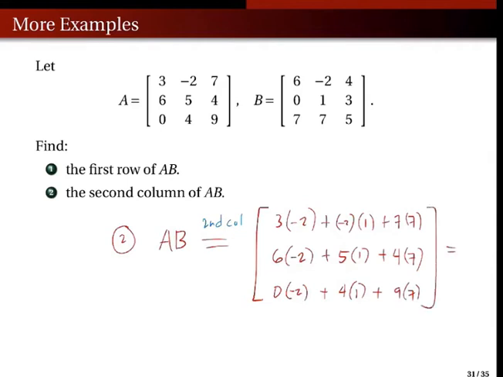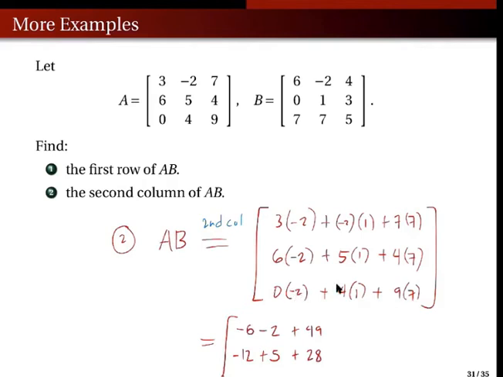So simplifying, what do we have? 3 times negative 2, that's negative 6, minus 2, plus 49. For the second entry, you have minus 12, plus 5, plus 28.